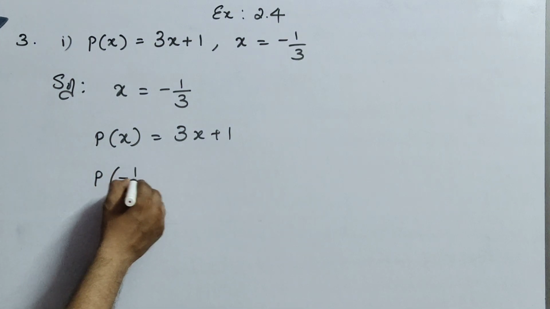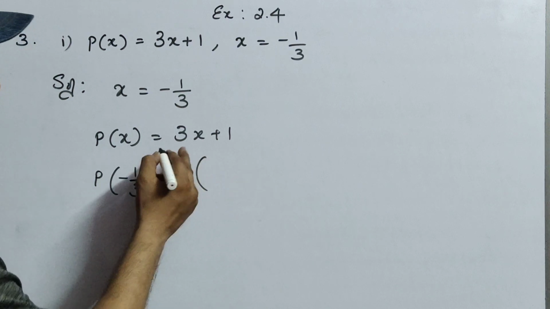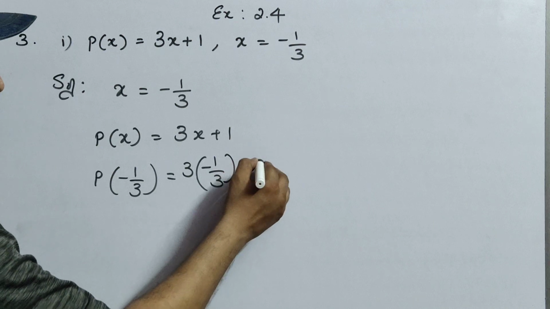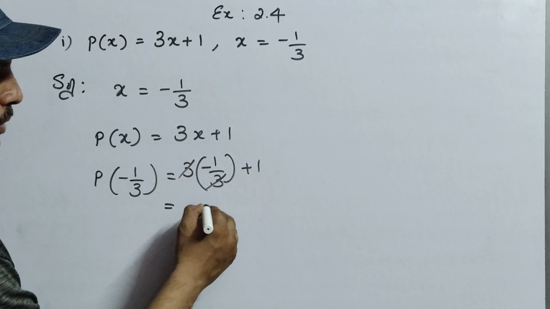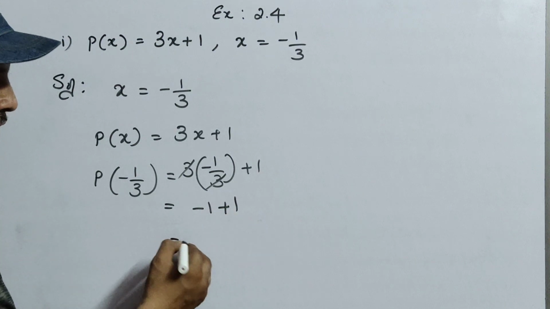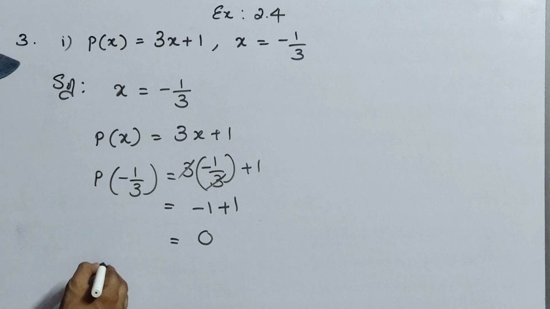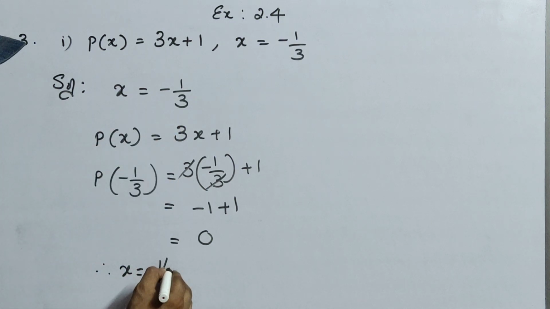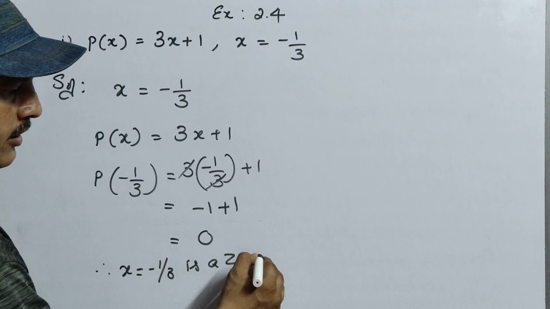So P of minus 1 by 3 equals 3 into minus 1 by 3 plus 1. The 3 gets cancelled, so minus 1 plus 1 equals 0, because minus 1 and plus 1 get cancelled. Therefore, x equals minus 1 by 3 is a zero of the polynomial.